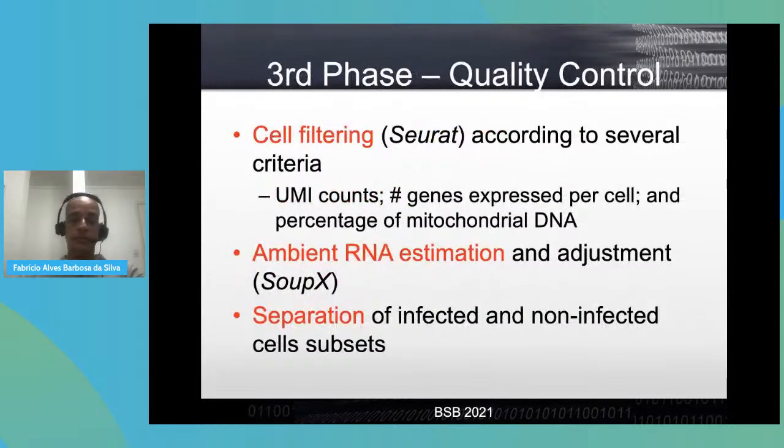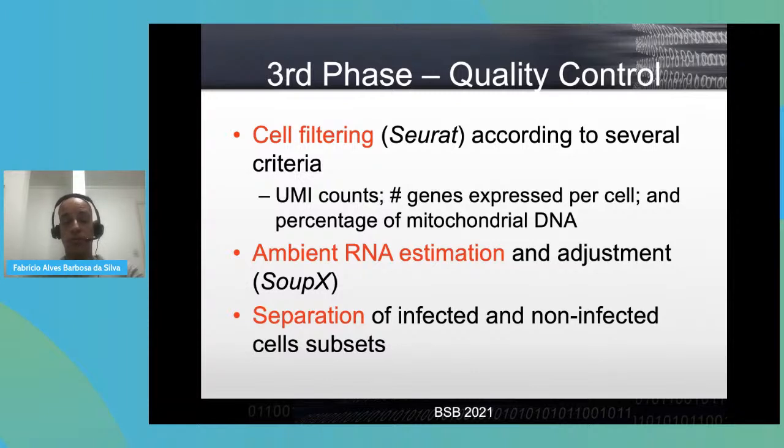Okay, the third phase is quality control. And for quality control, first we do cell filtering using the CellHeap package. And we have several criteria for cell filtering. For instance, total number of UMI counts, number of genes expressed per cell, and also percentage of mitochondrial DNA.